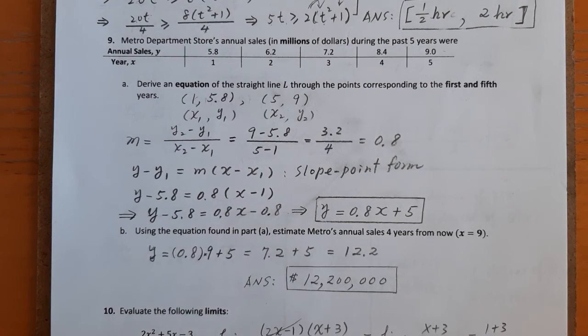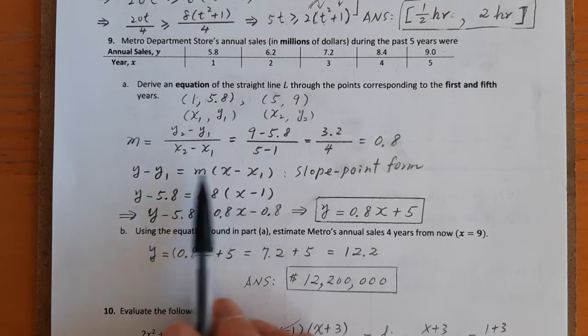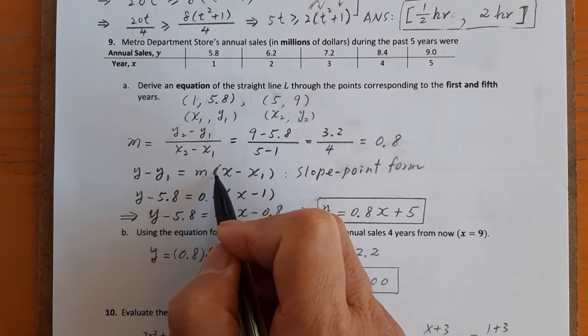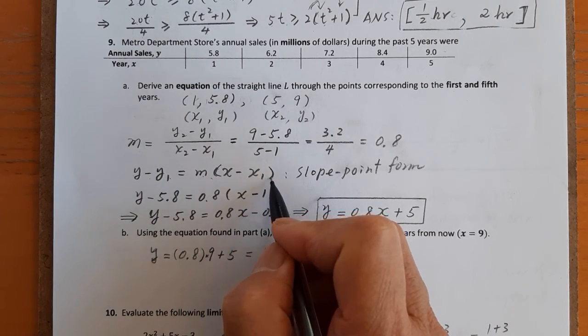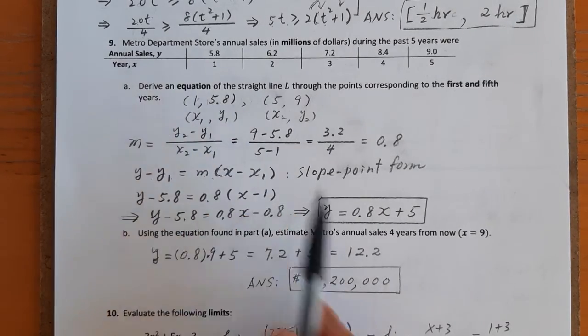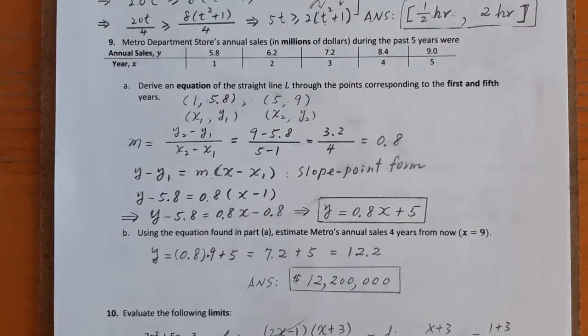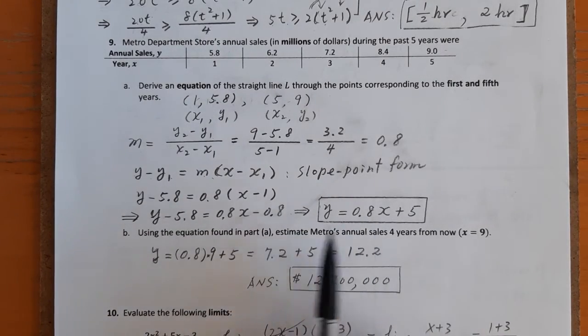And then you can use slope point form or slope intercept form. Either way, I like to use slope point form. Slope point form is y minus y1 equals m times x minus x1. And the 2 points, you can pick any point, either this one or this one. Finally, it's the same answer.